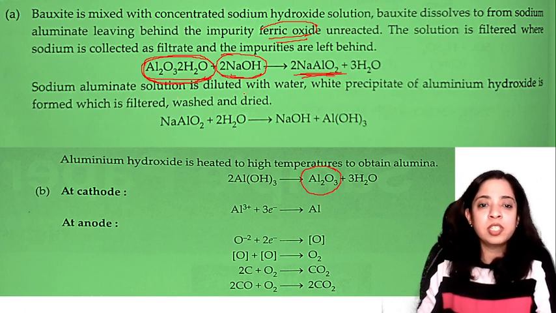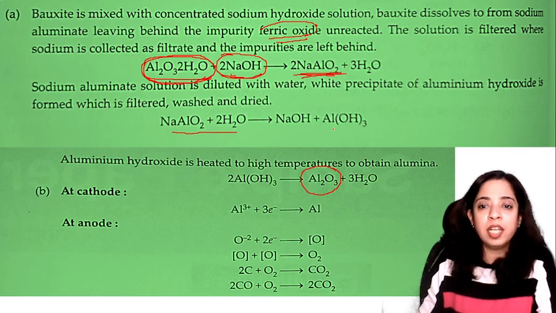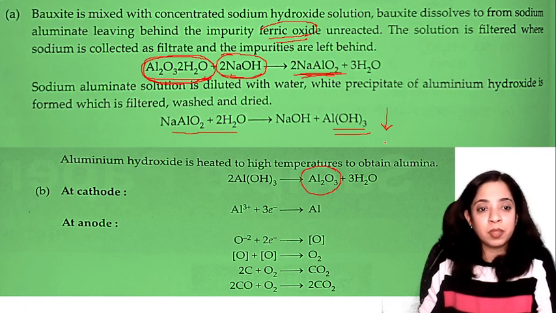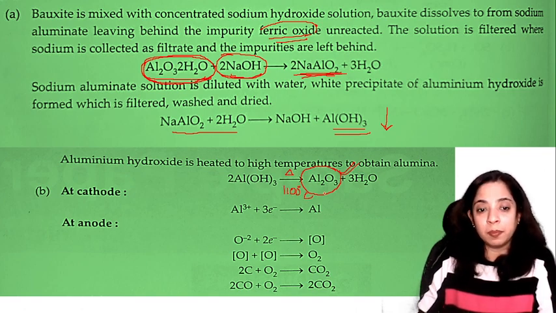Now the sodium aluminate solution is diluted with water. Then we get a white precipitate of aluminium hydroxide. Now we heat this precipitate at a very high temperature to get pure alumina.